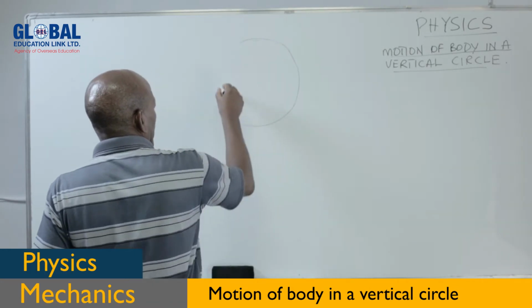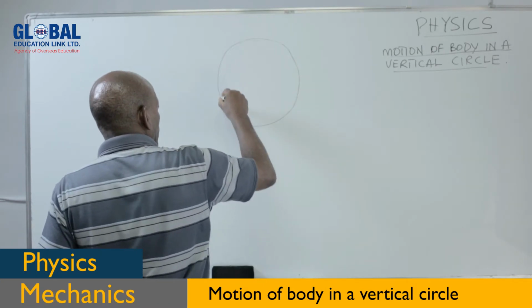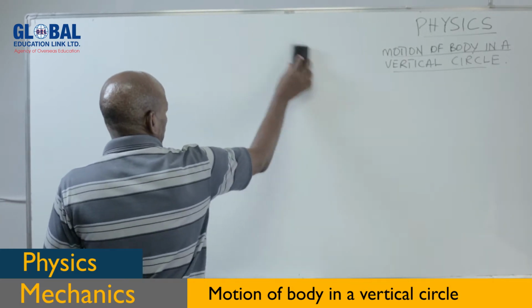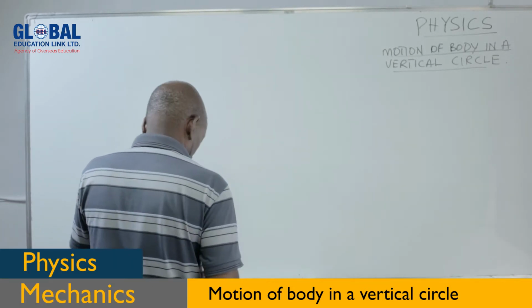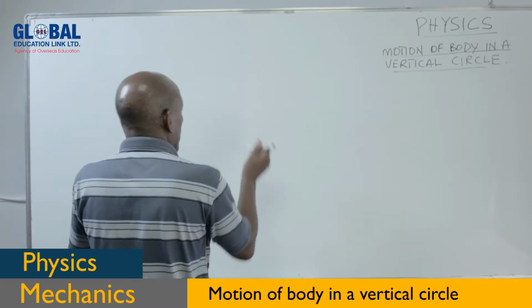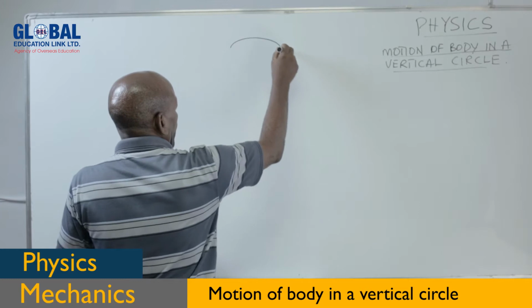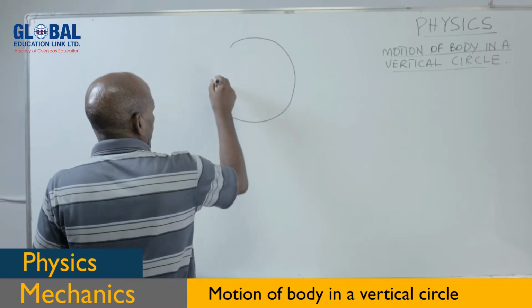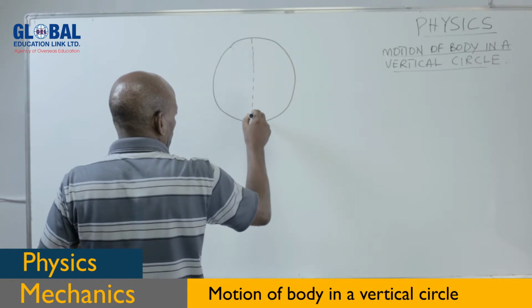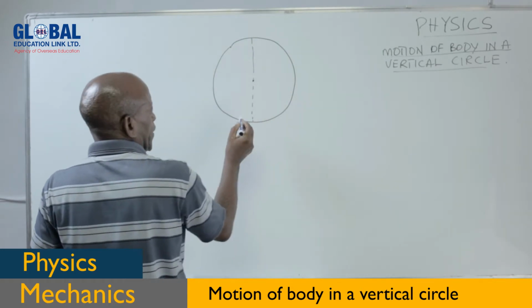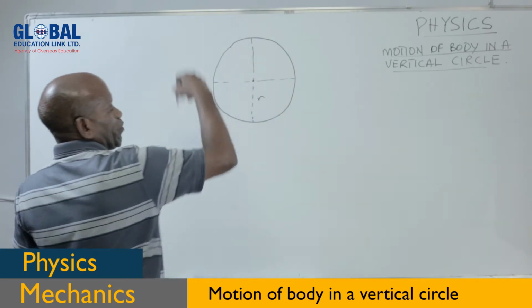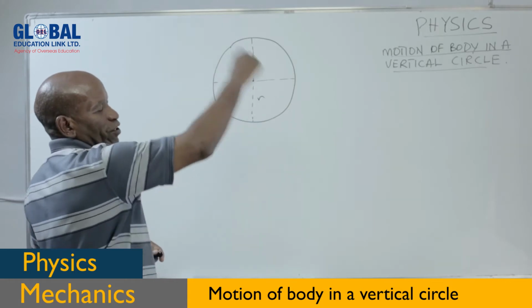Let's assume that we have such a circle, a circle of radius r, and the body is made to move in this vertical circle.